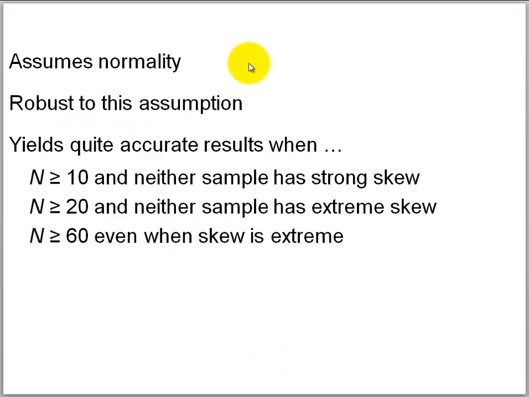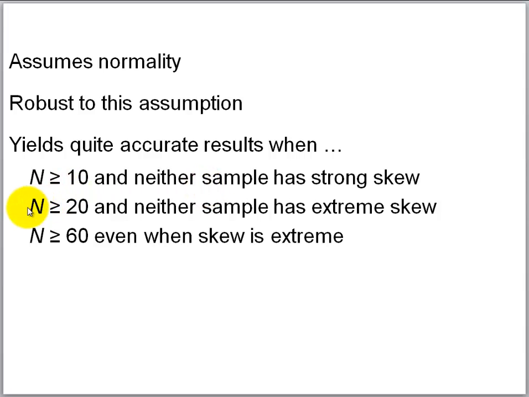The independent samples t-test assumes normality. It's robust to this assumption, so you're going to get sufficiently accurate results when the conditions described here are met. The n's here are pertaining to the sample size in each individual sample. So if both n's are greater than 10 and neither sample has strong skew, you'll get sufficiently accurate results.